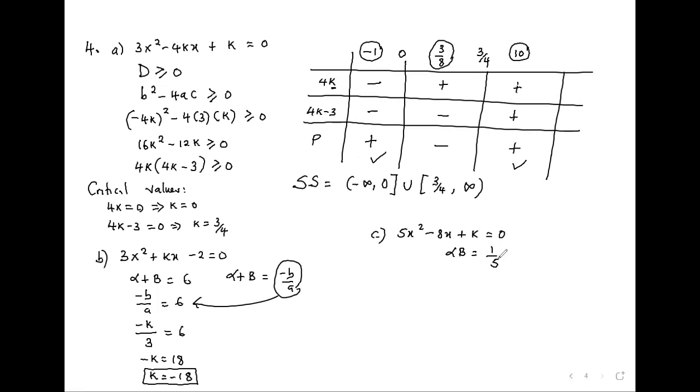But what is alpha beta? Alpha beta is given by c/a. So this should be 1/5. What is c? C is k, a is 5. This is 1/5. Cross multiply, you get 5k is equal to 5. So k is equal to 1. As simple as this.